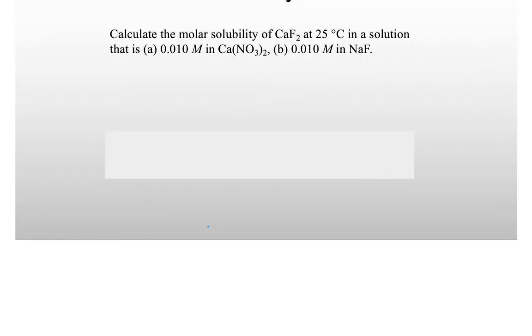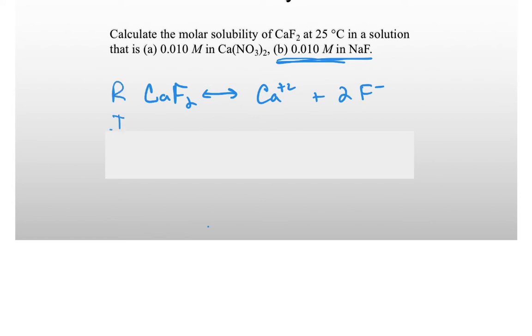All right, let's apply this with letter B. We're going to start off by putting in our dissolving equation. CaF2 goes to Ca2+ plus 2F-. There's our reaction. For initial concentrations, we don't care about the solid.